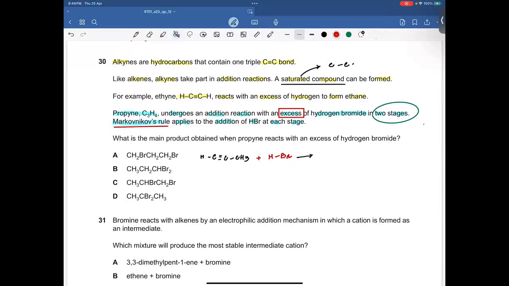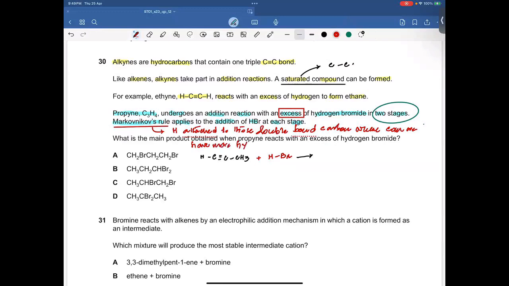Markovnikov rule states that hydrogen attached to those double bonded carbons where we can have more hydrogens.